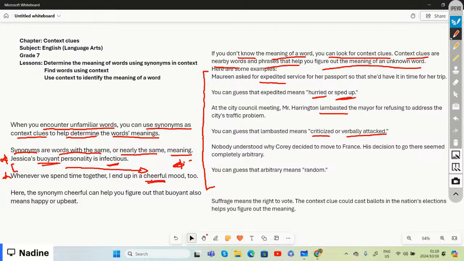The traffic is still hectic. Back to back traffic, accidents still on our roads, potholes, the roads are not roadworthy, those type of things. So he basically criticized or verbally attacked the mayor for not wanting to address the city's traffic problem.